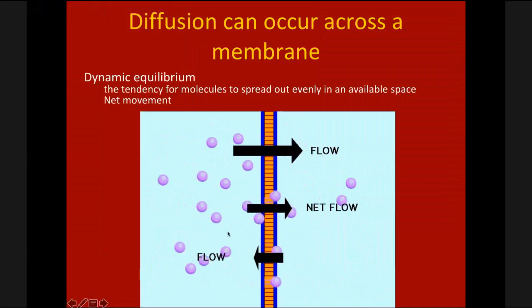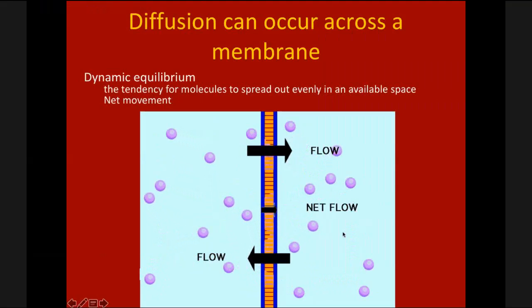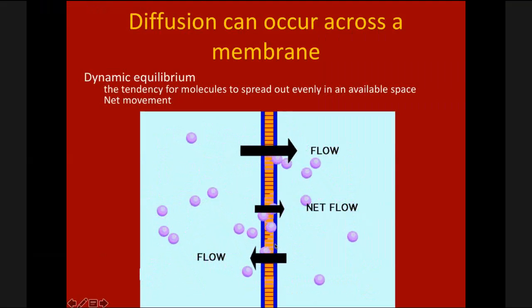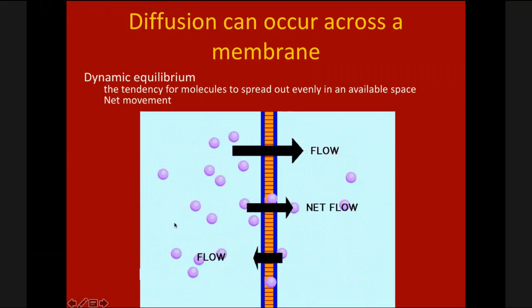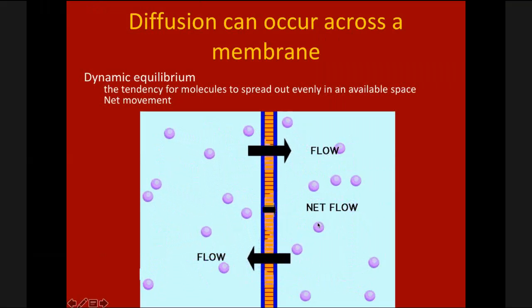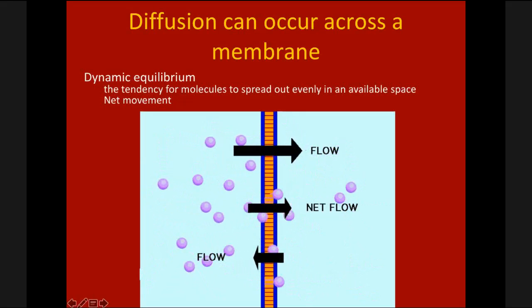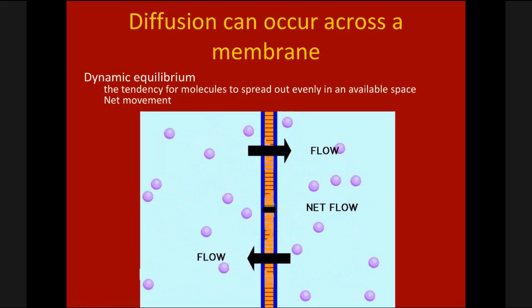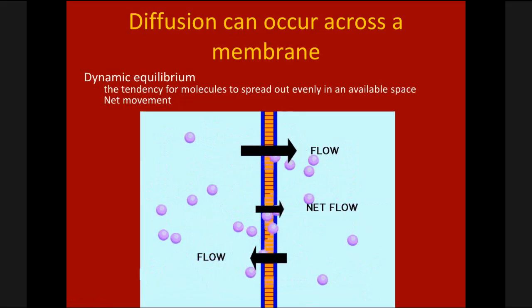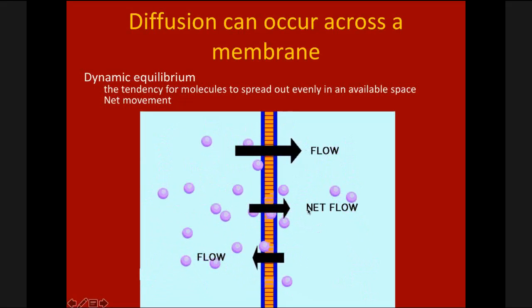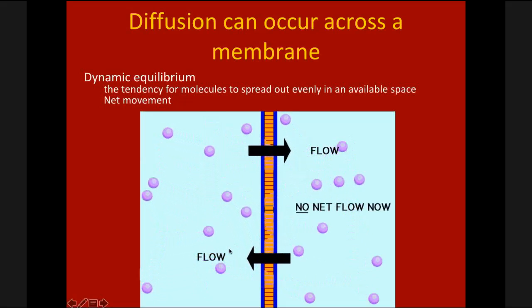And what I want you to look at in this animation is that there's a net, an overall movement from the left side where there's high concentration to the right side where there's low concentration. But if you watch carefully, you'll see that while most molecules are moving to the right, there are still some randos moving to the left.